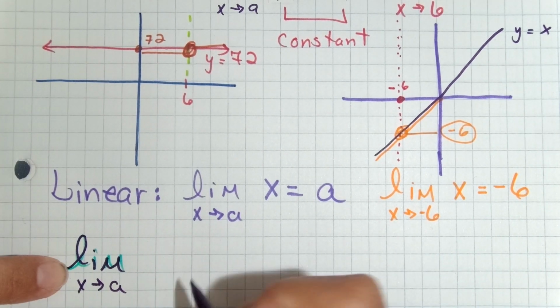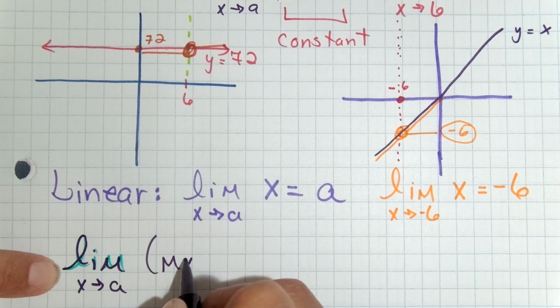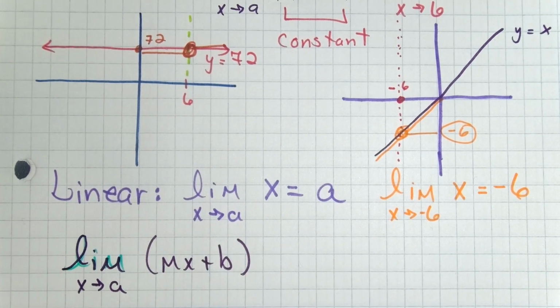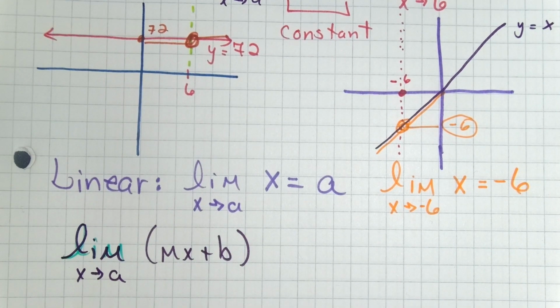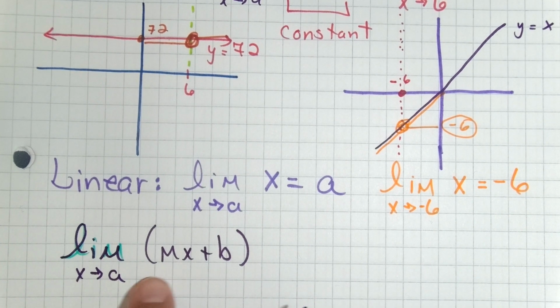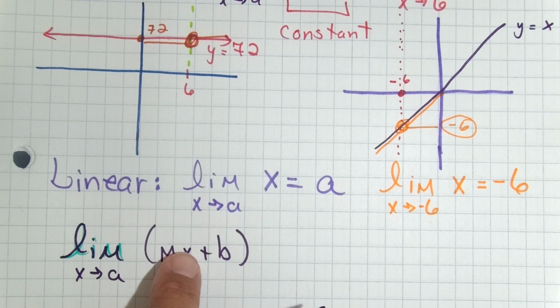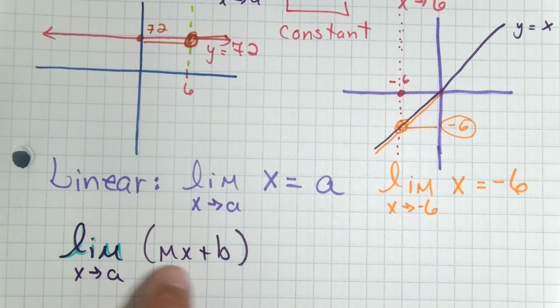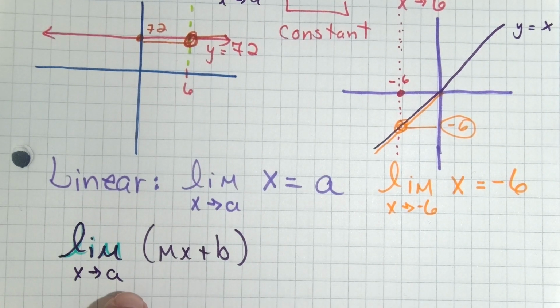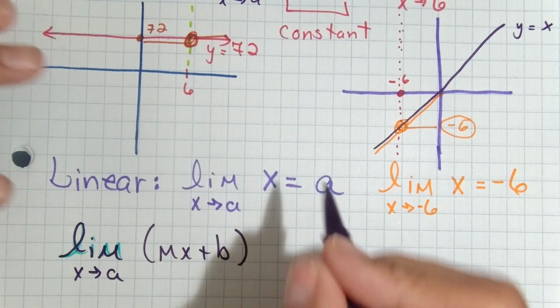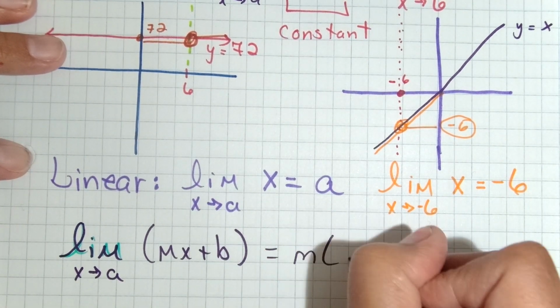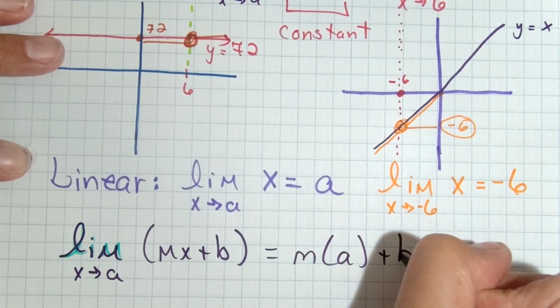Okay. mx plus b. What this is saying is, as Jalen and Adira were talking about, we're replacing or substituting in the a for x. So it's going to be m times a plus b.